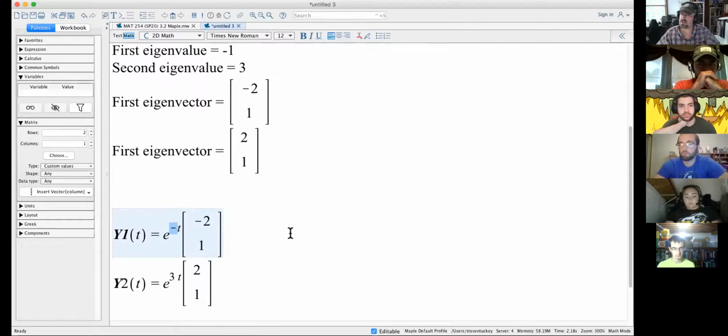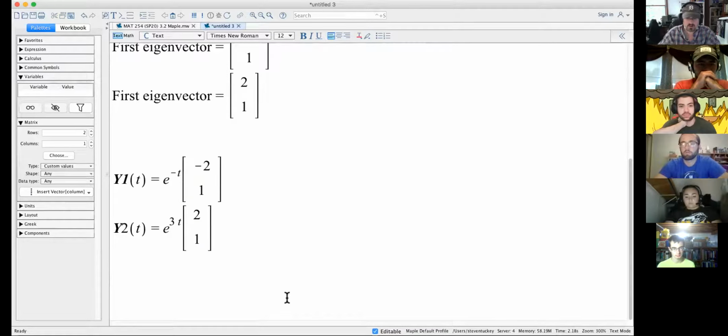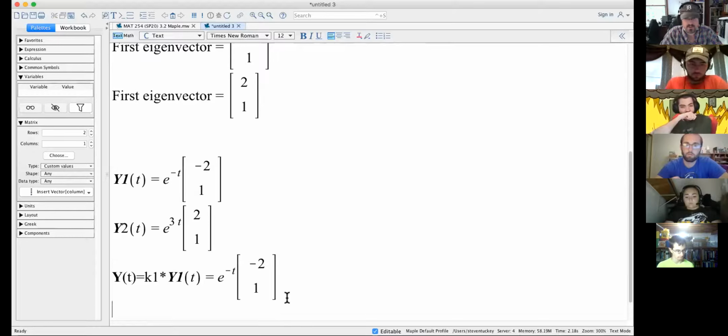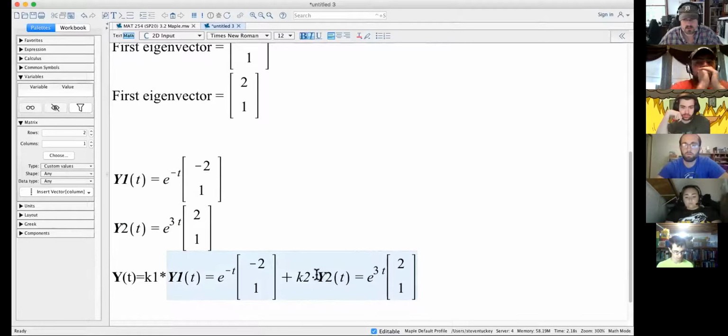And if I want my general solution, all I need to do is put these 2 together. And I say, okay, one big solution, and I'm not in equation form, but you get it, K1 times my first straight line solution plus K2 times my second straight line solution, which is this guy right here.